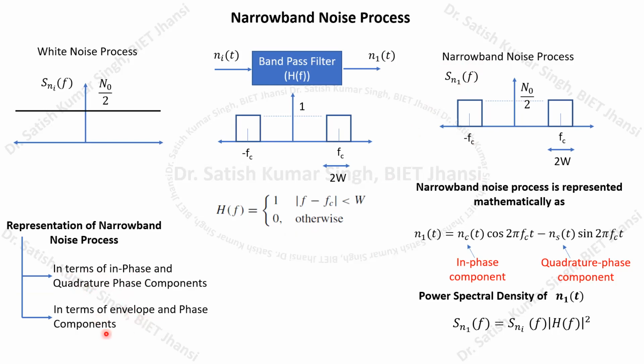Here we will be using the result of the in-phase and quadrature-phase components. This narrowband bandpass noise process n1(t) will be mathematically represented as nc(t) multiplied with cos 2 pi fc t minus ns(t) multiplied with sin 2 pi fc t, where nc(t) is called the in-phase component, and ns(t) is called the quadrature-phase component.